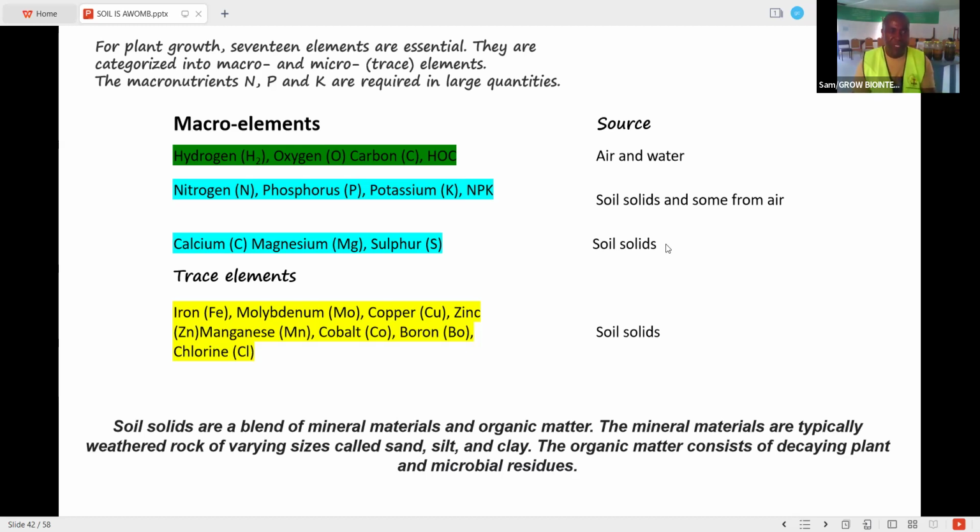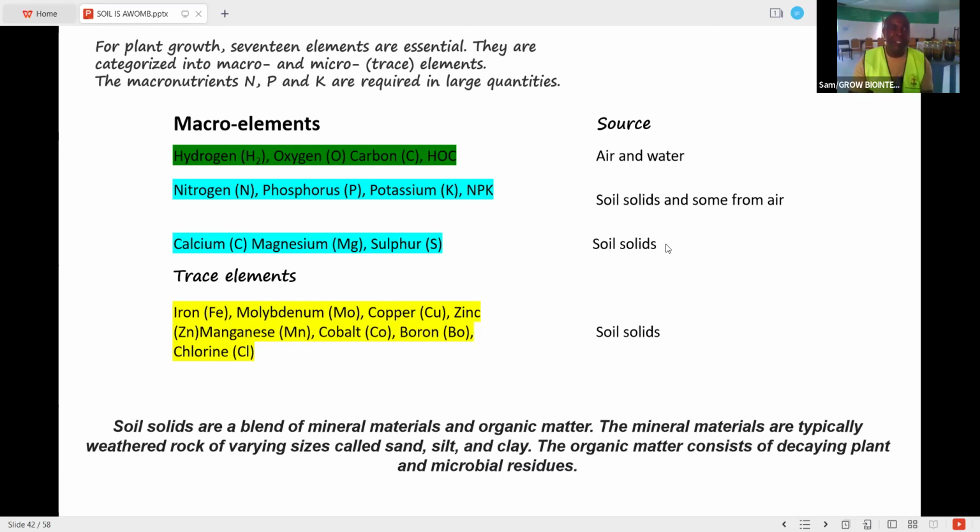HOC is hydrogen, oxygen, and carbon. These 3 elements, the plant will take them by themselves. It is not for you to add them in the soil. The plant will just seek for them wherever they are, and take them up. So that is not our work.